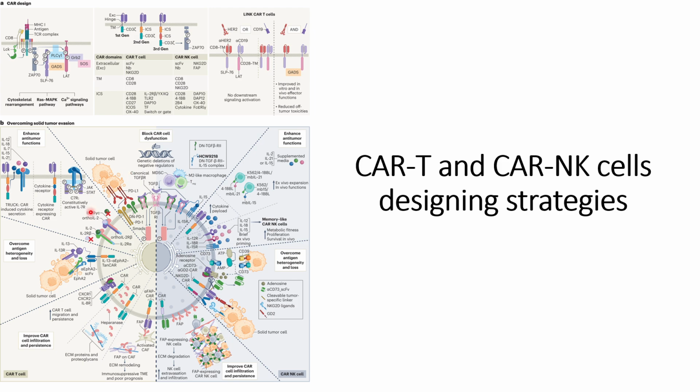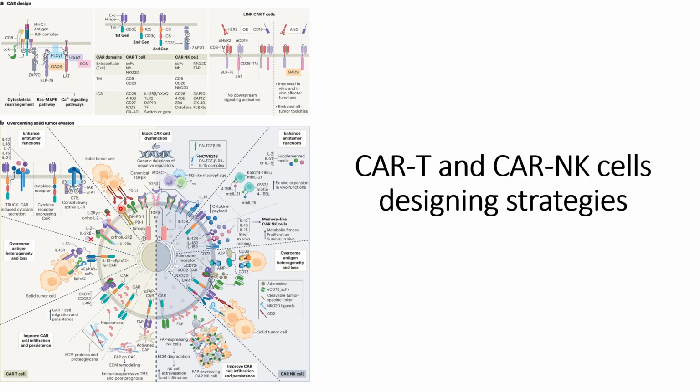And in order to block CAR T cell dysfunction, they will inhibit or modify the canonical TGF beta receptors so that the macrophages or the signaling pathways that lead to suppression of the immune response will not act.